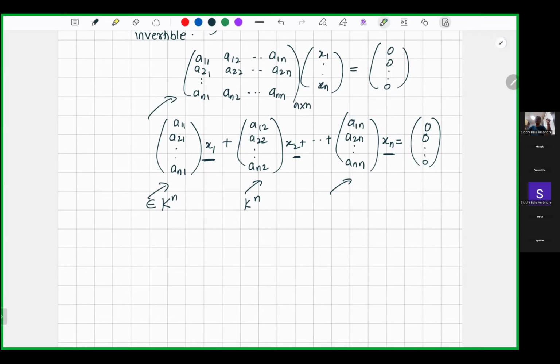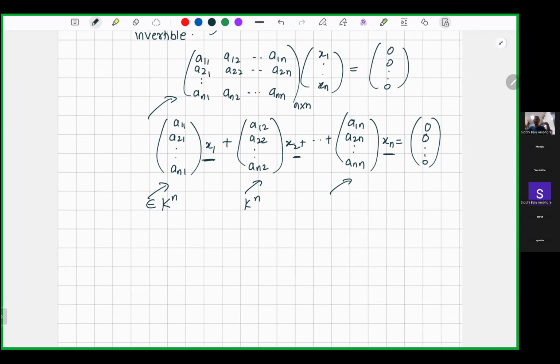It means those n vectors are linearly dependent, and the determinant of this matrix will be 0, because when we do row operations or column operations, the determinant does not really change.